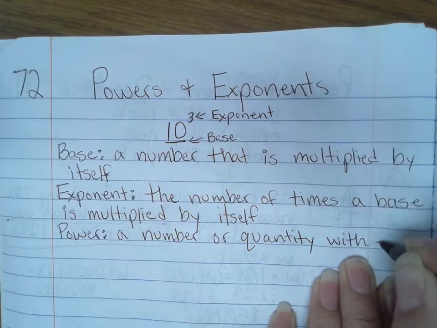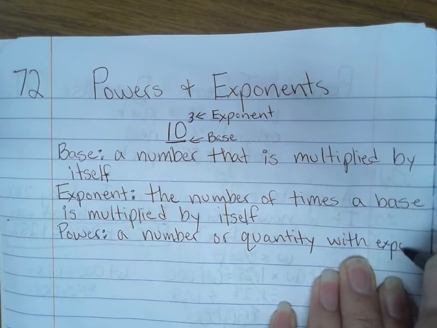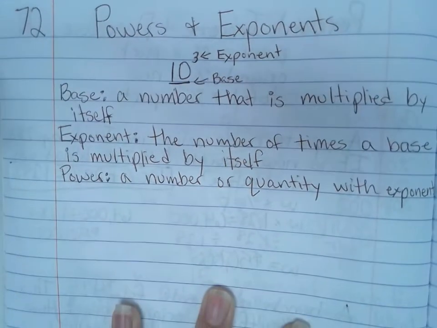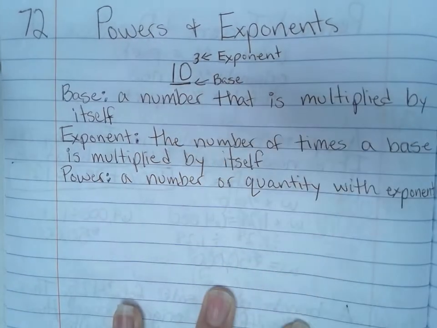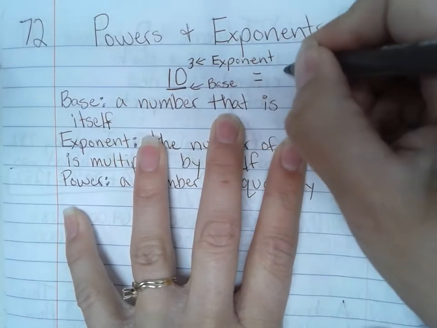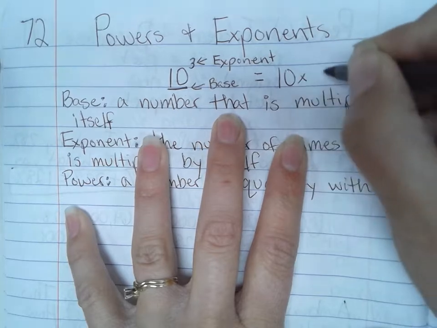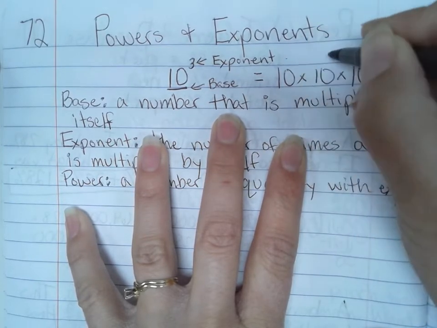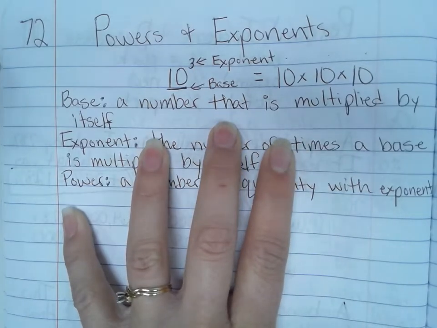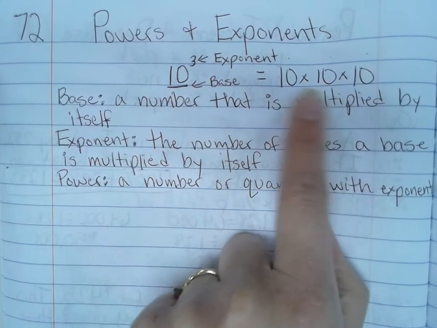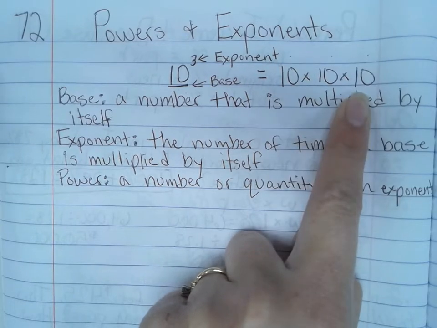We're just going to write with exponents here. Alright, so up here we had 10 to the third power. 10 to the third power equals 10 times 10 times 10, 3 times. So this is it in its exponential form. This is it just written multiplied out.